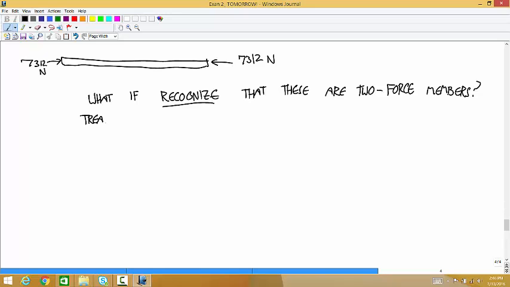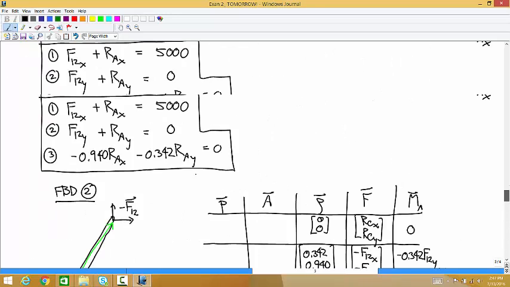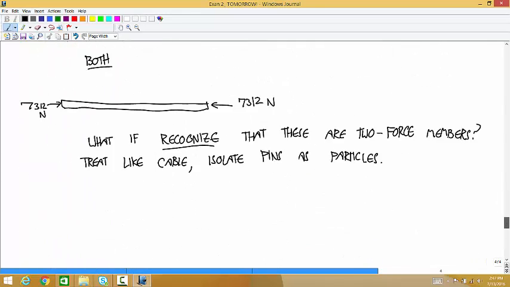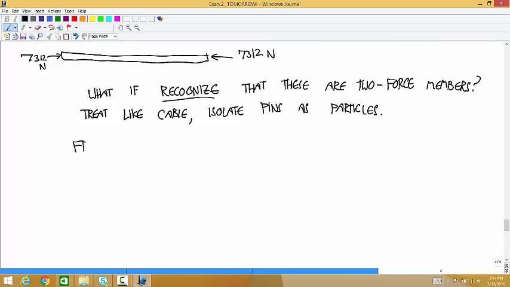Then you can treat each of them like a cable. It's like a cable, but where the tension can be positive or negative. And isolate the pins as particles. Okay, so let's isolate this pin B. What forces are acting?